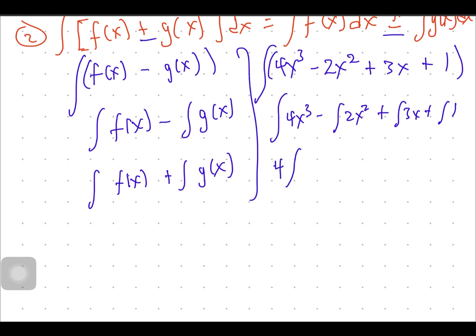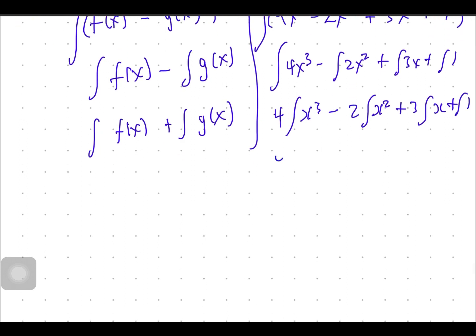So we get 4 times the integral of x power 3 minus 2 times the integral of x power 2 plus 3 times the integral of x plus the integral of 1, of which we are going to get 4x power 4 over 4 minus 2x power 3 over 3 plus 3x power 2 over 2 plus x.